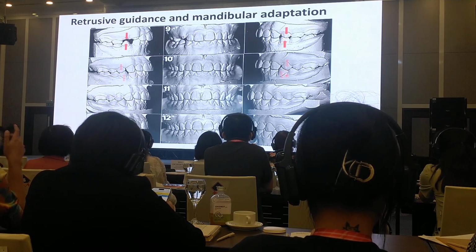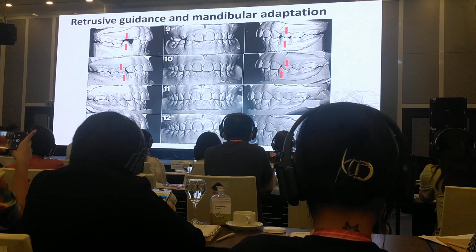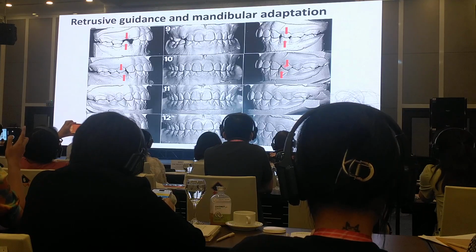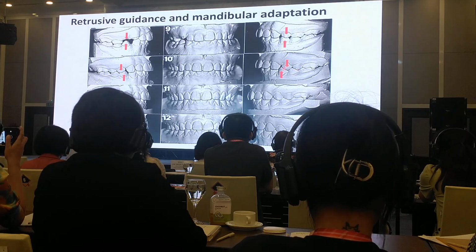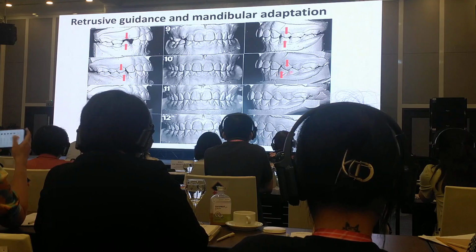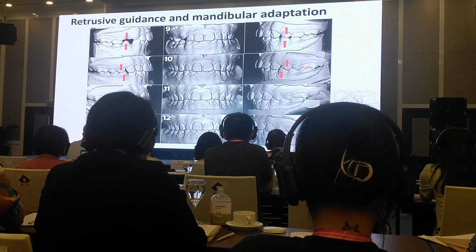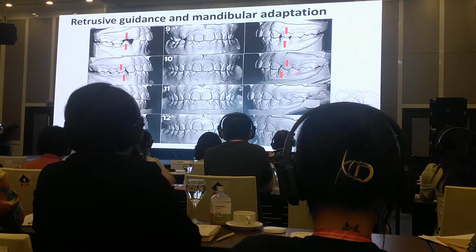But the next step, premolar change this relation. Okay? Why? Why did it happen? This makes more nice class 1 molar relation.